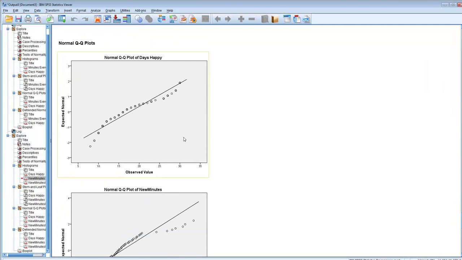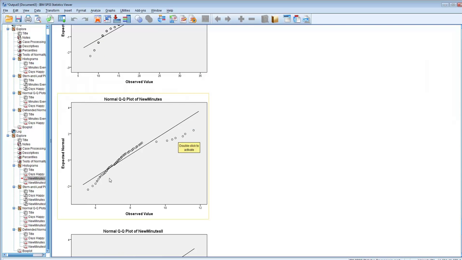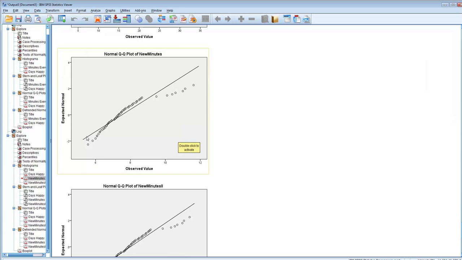And if you look at the normal QQ plots, you can see that you have a nice curve that's zigzagging this line. For new minutes, you actually have these data points that are very far away from the hypothesized normal distribution.